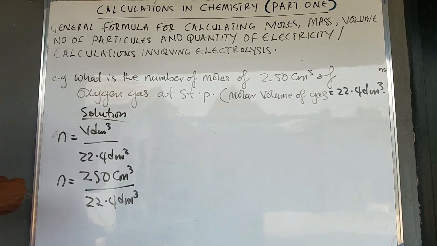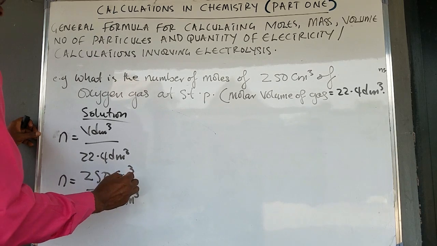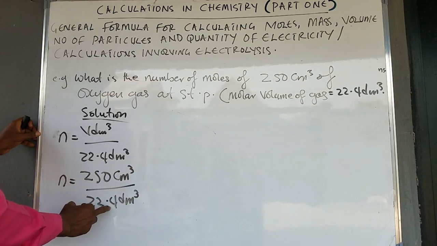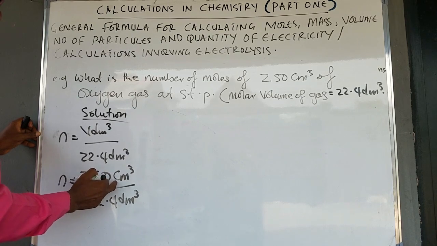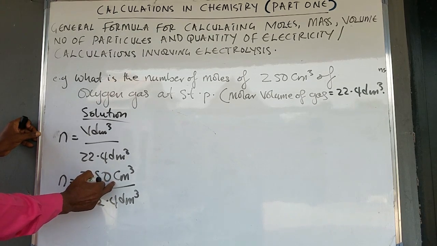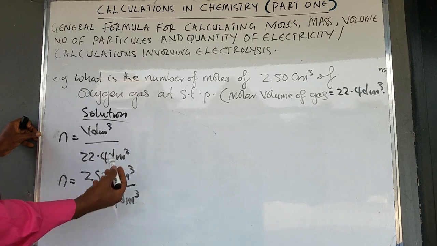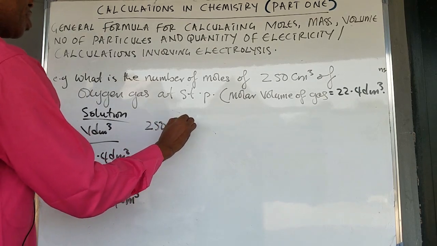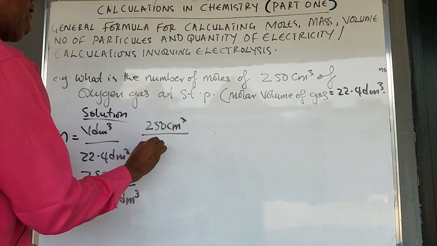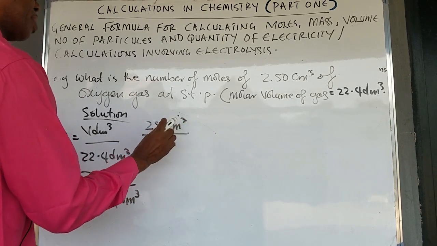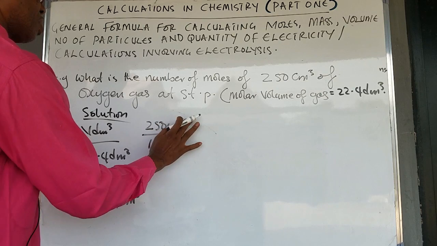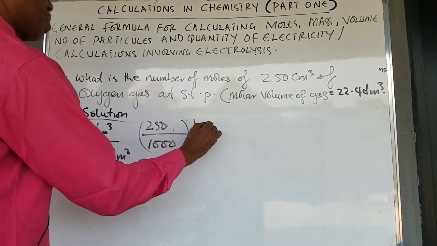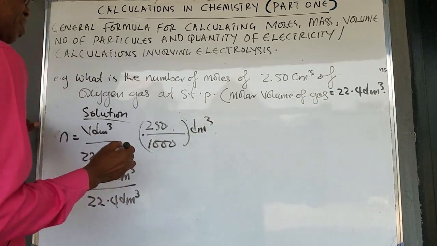So the wise thing to do is to convert this 250 cm³ first to dm³ before your final solving. How do you do that? You now write 250 cm³ divided by 1,000, converting to dm³.